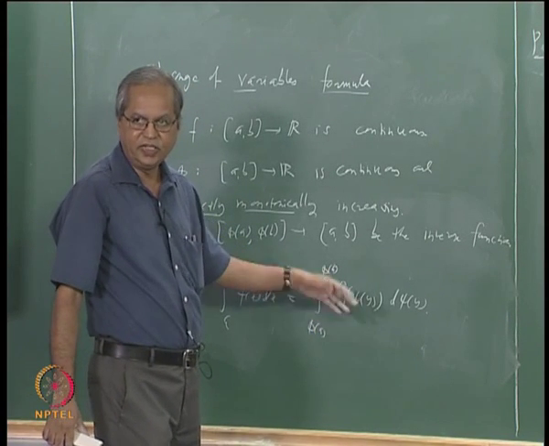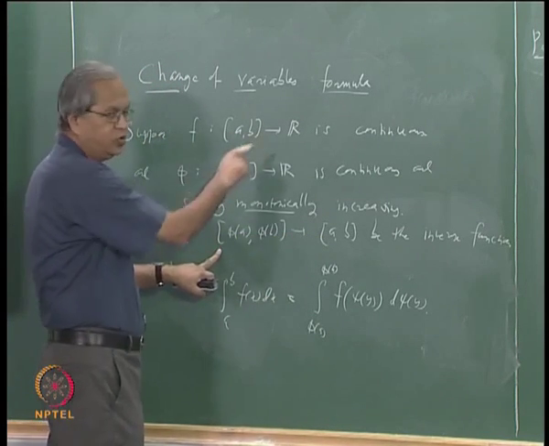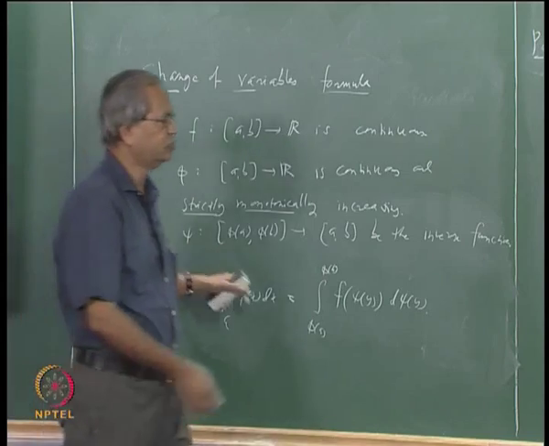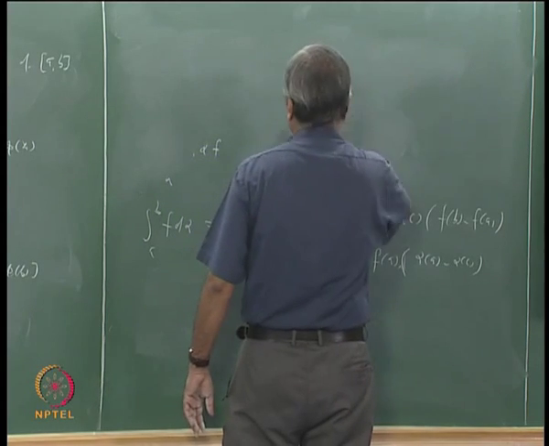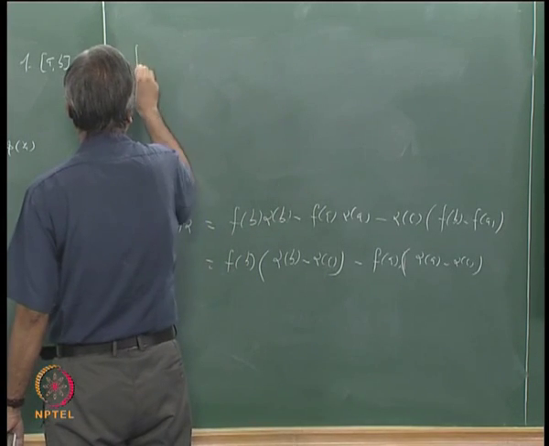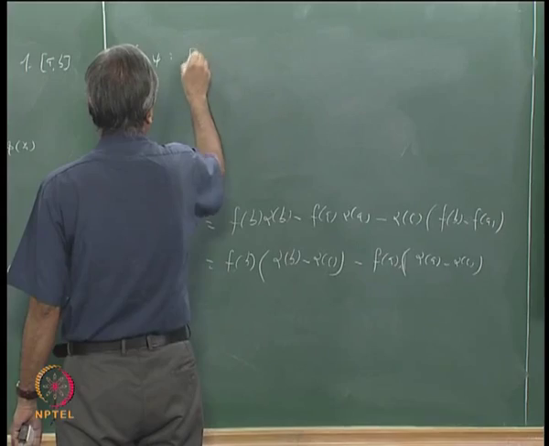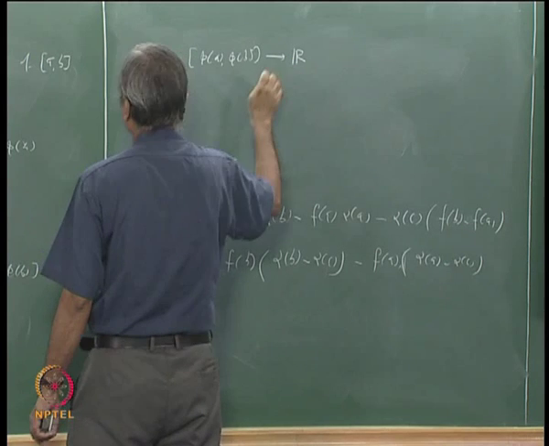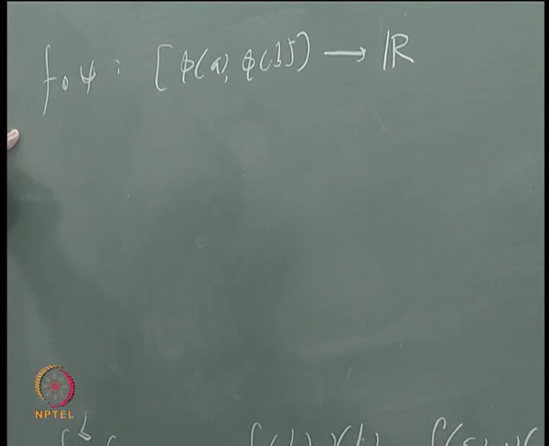Remember, psi is defined from [phi(a), phi(b)] to [a, b] and f is defined from [a, b] to R. So f composed with psi will be defined from [phi(a), phi(b)] to R. And we want to look at the Riemann-Stieltjes integral of this function f composed with psi with respect to d psi.